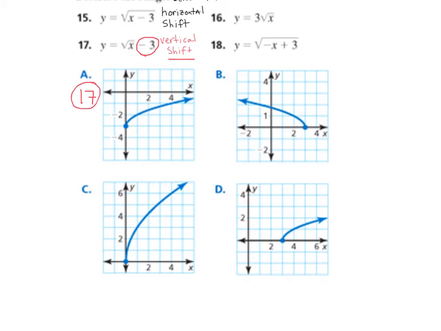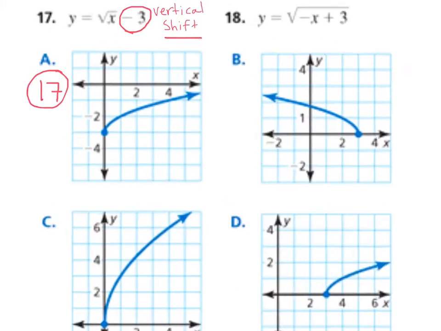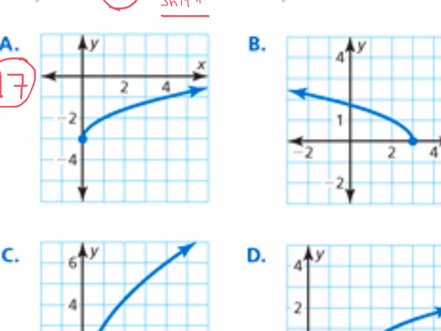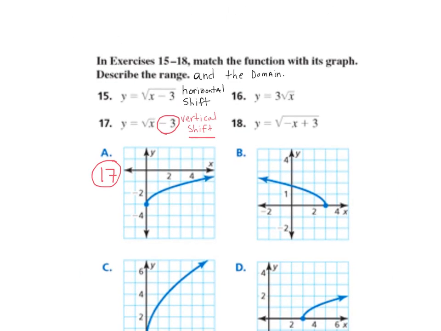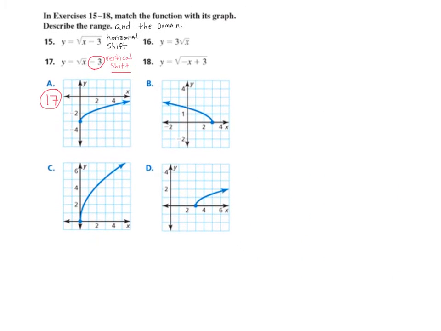Now, we can check our answer, and here's how. You can see that when somebody plugs in 4 for x, they should get out negative 1. So let's take the function for 17 and plug 4 in. Over here I'm going to write 17's function is square root of x minus 3, and in the place of x, I'm going to put a 4.